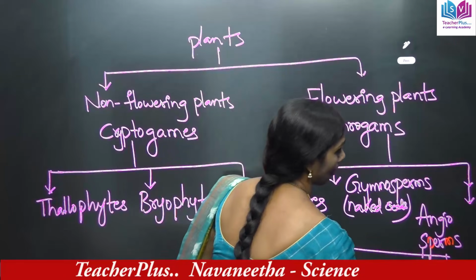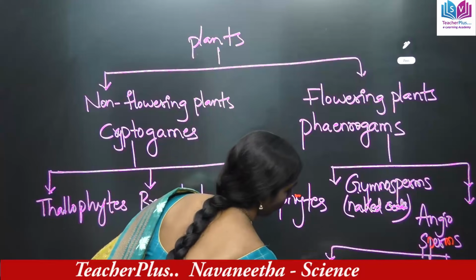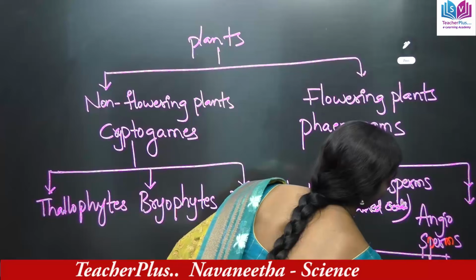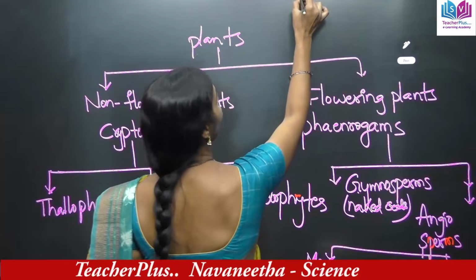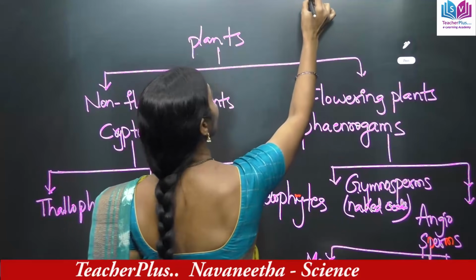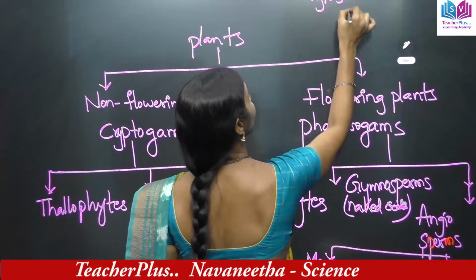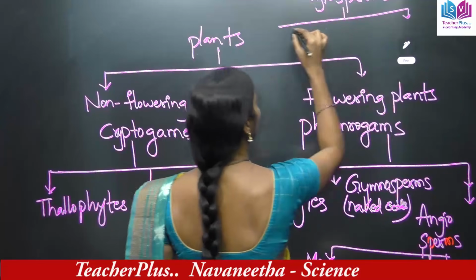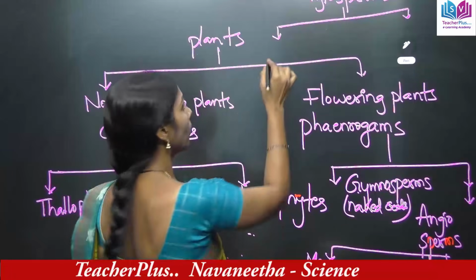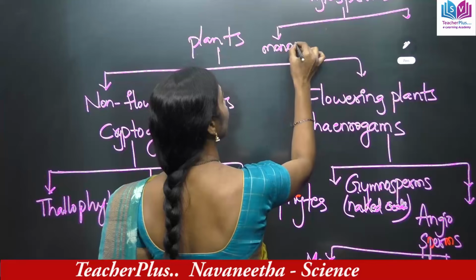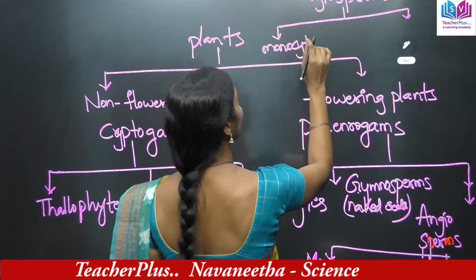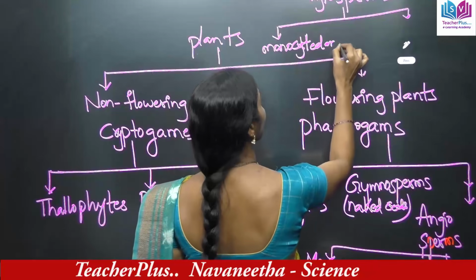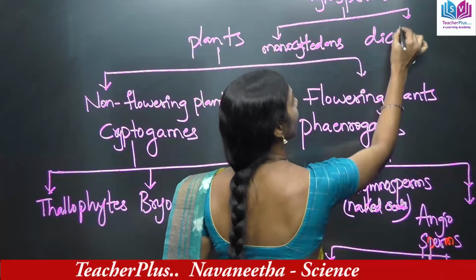One is monocotyledon and the second one is dicotyledon. I will write here angiosperm. Angiosperm plants can be divided into two types based on cotyledons: monocotyledons and dicotyledons.